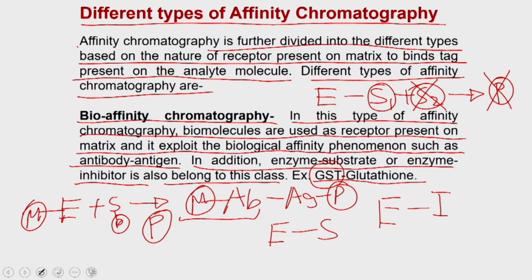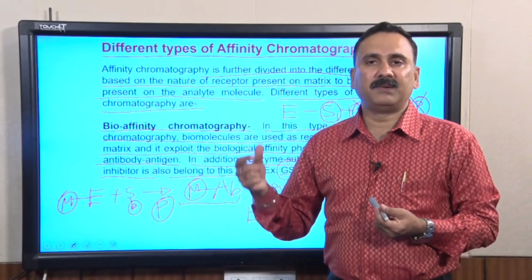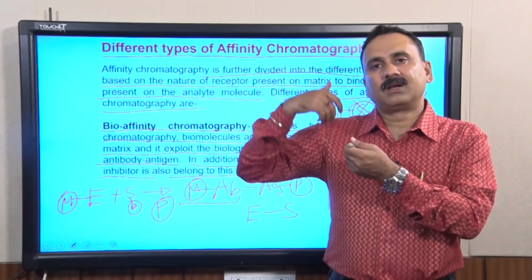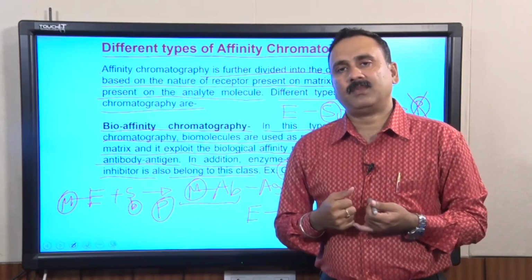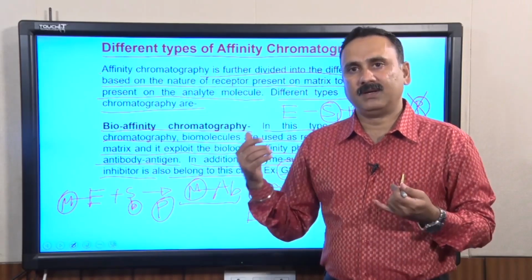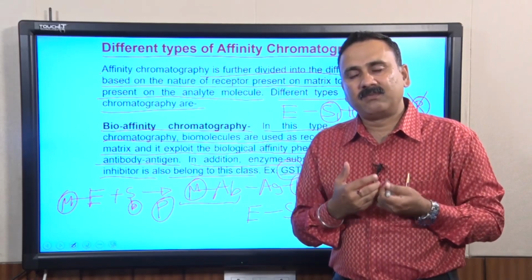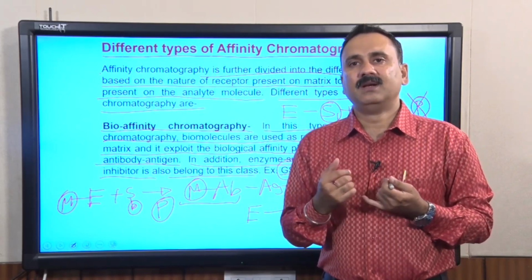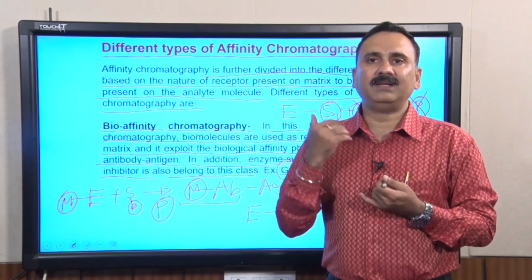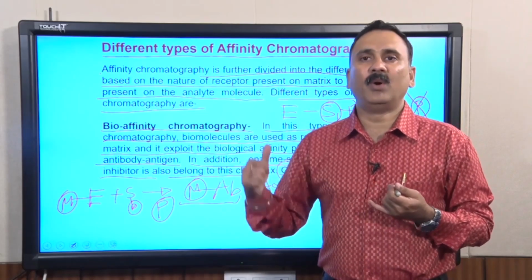What is the function of GST? It takes up glutathione and attaches it to molecules that need detoxification, which means the purpose of GST is to make toxic products more water soluble, so that they can be excreted from the body.